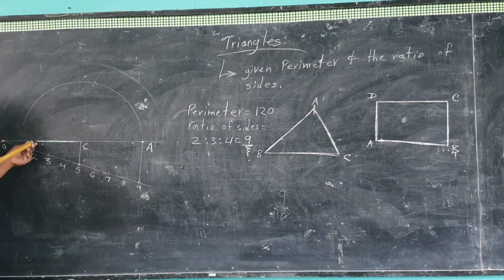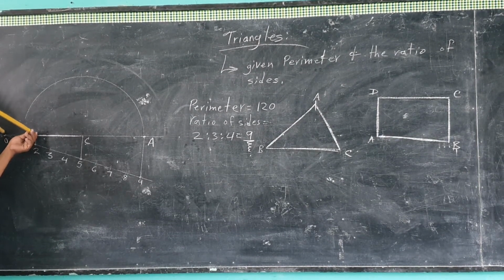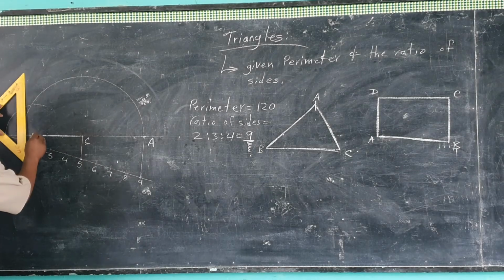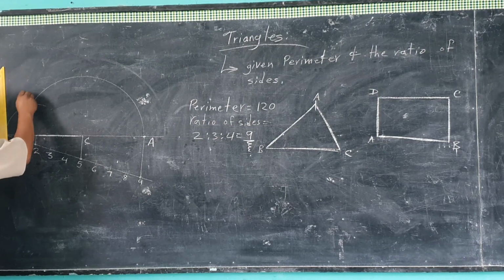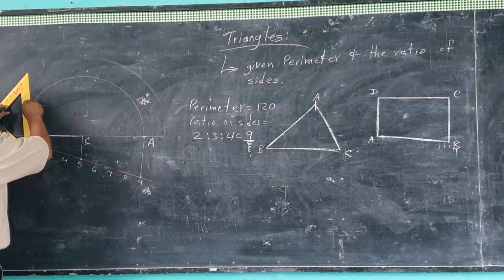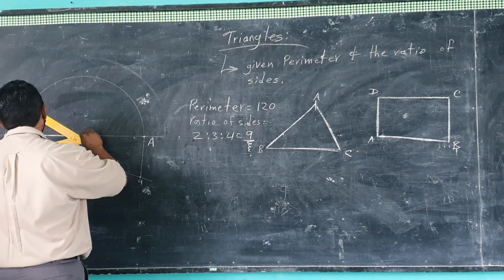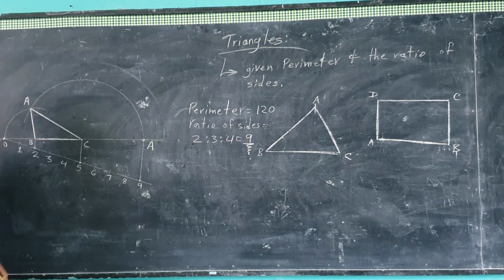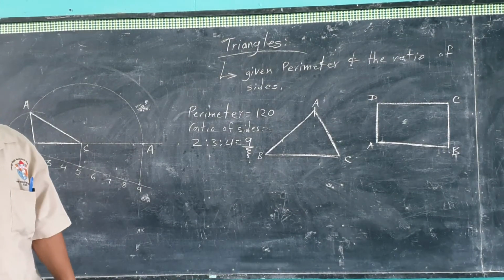So I come here and I open it to A and I draw my arc like this, class. See? Where those arcs intersect, student, this point here becomes, what is this point here? A. I join A to B. And I join C to A. There is the triangle, class, when perimeter is given.